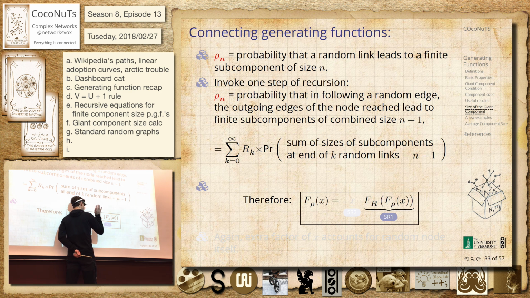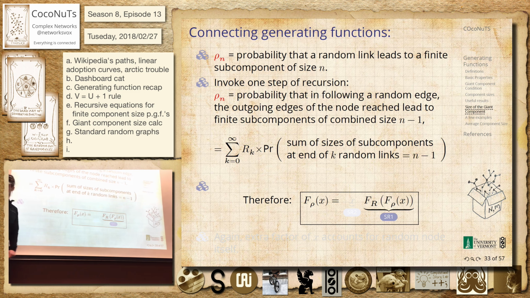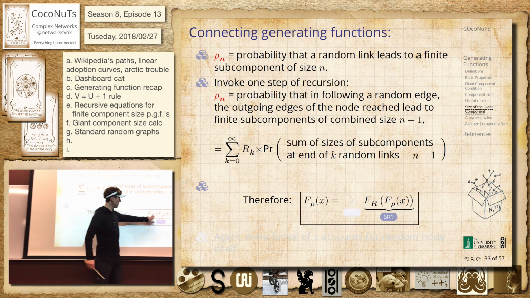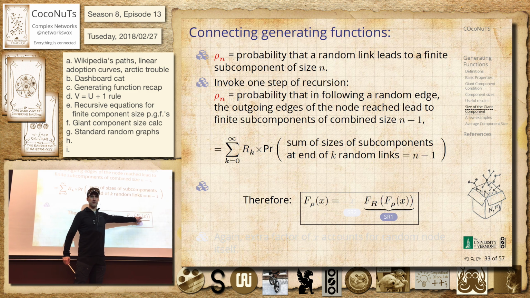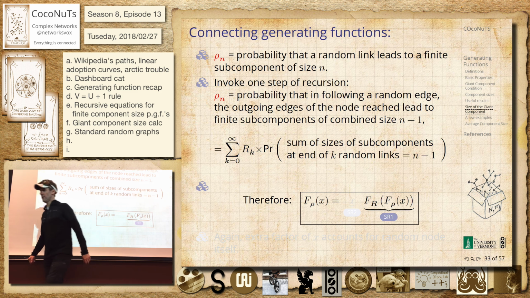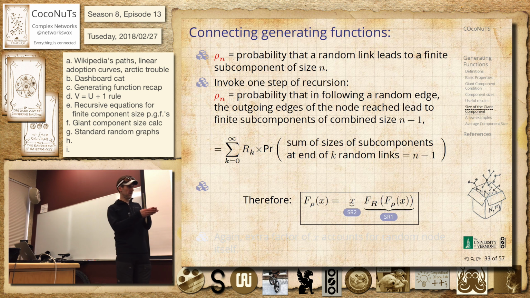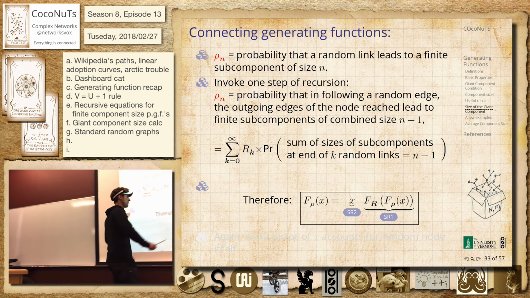So we get 12 for that, and then we select from the rho distribution 12 times and add them all up. We do it over and over again, or we do it probabilistically, and so that's going to be this composition. This is the summing variable, and this is the variable that's being summed. And we'll have another x because we've hit that first node, so we have to add 1 as well.